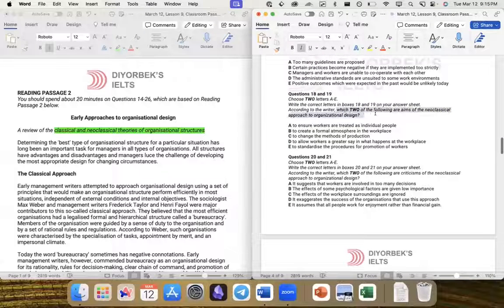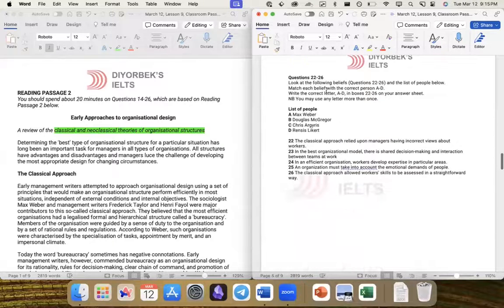And which of the following are characteristics of the neoclassical approach to organizational design, and which of the following are criticisms? Quite easy, I mean, in terms of the questions: Max Weber, Douglas McGregor, Chris Argyris, and Rensis Likert.